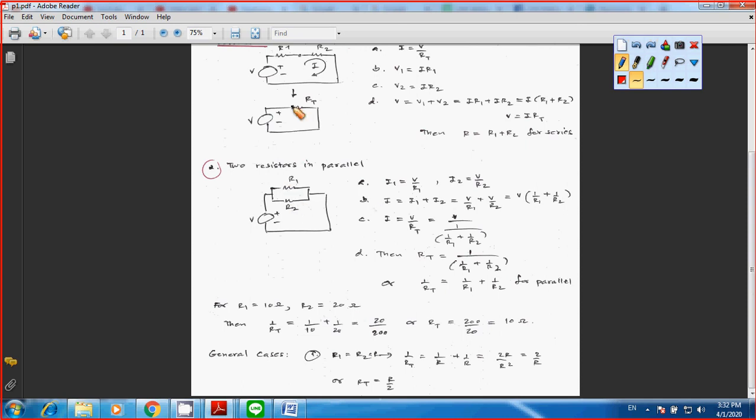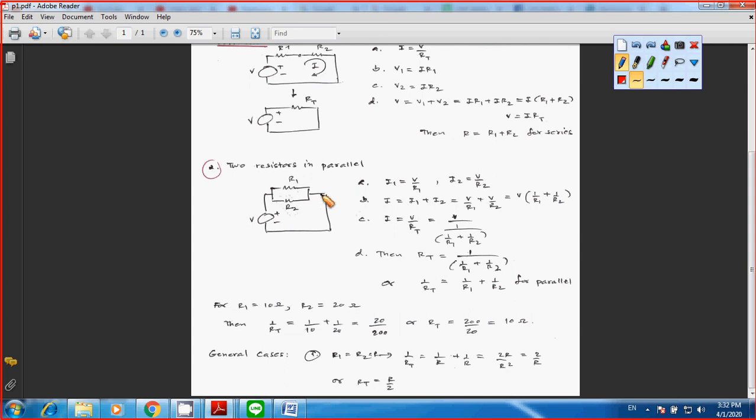So at this point, from the previous circuit diagram for two resistors connected in series, you know that one condition is that the current flowing through R1 and R2 are equal. But for resistors in parallel, you know that the voltage drop across R1 and the voltage drop across R2 are all equal, not the current.